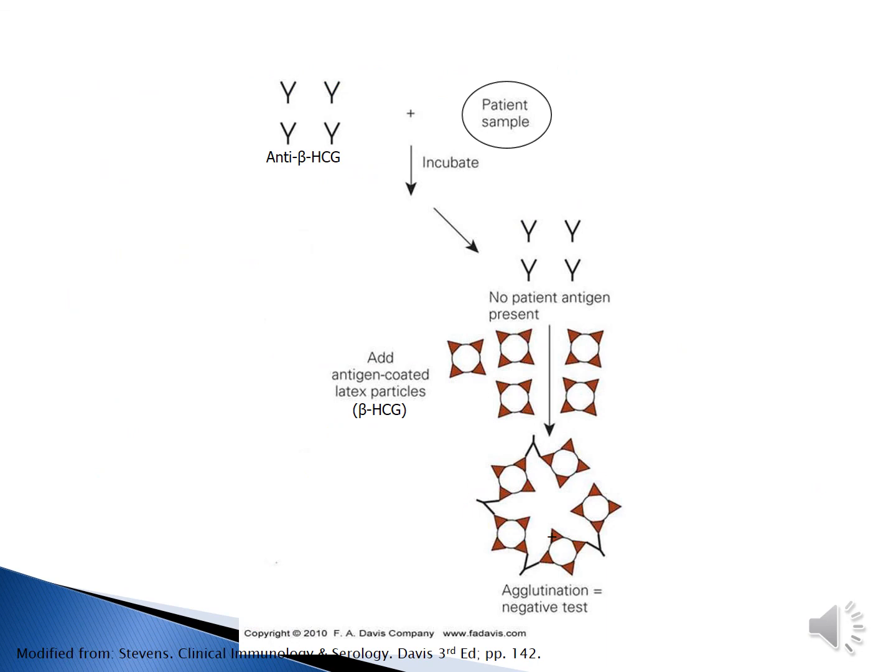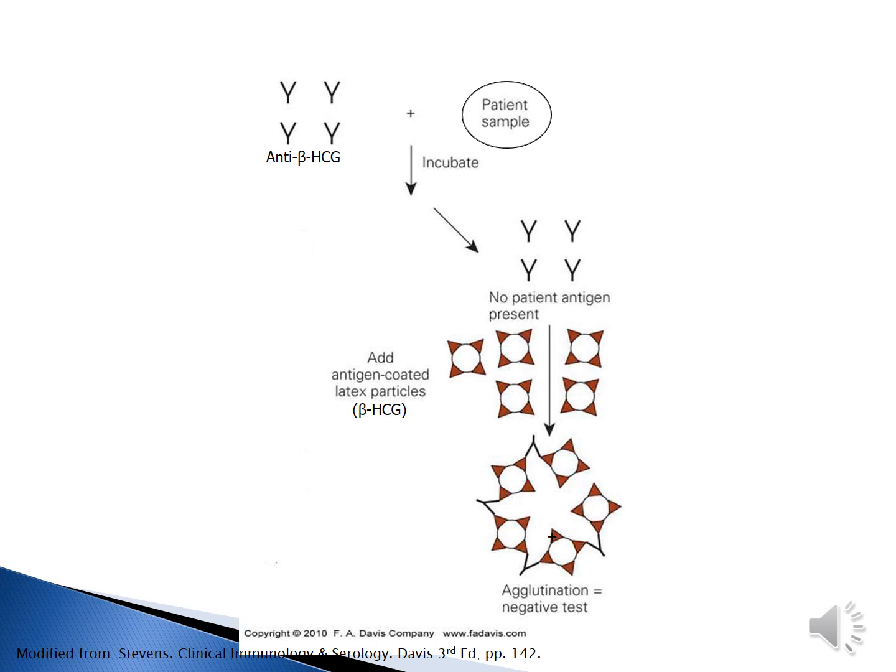So let's walk through this testing. We have our anti-beta-HCG, plus we're going to add our patient sample. We're going to incubate, and obviously the antigen will not be present. In this case, the patient will not have beta-HCG.